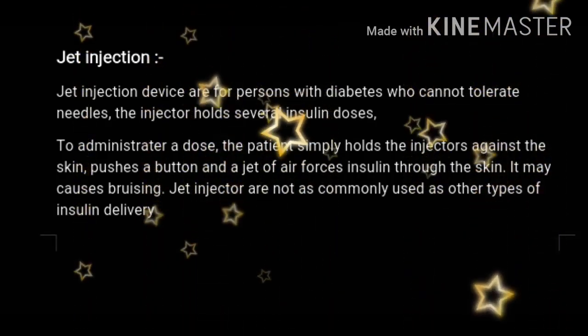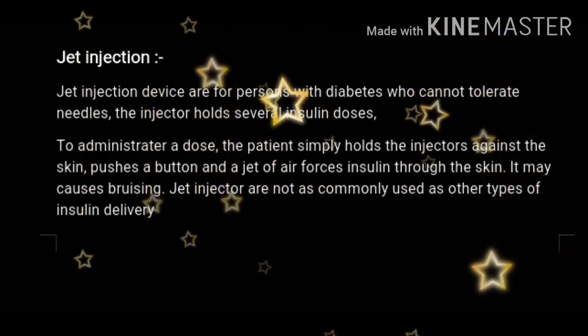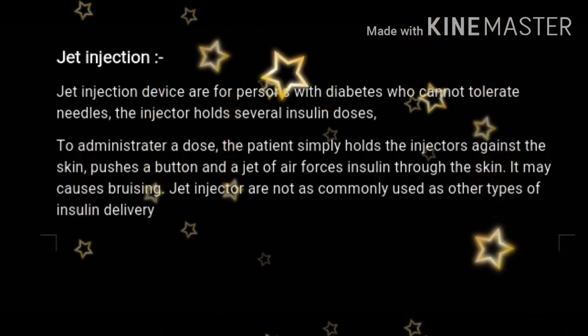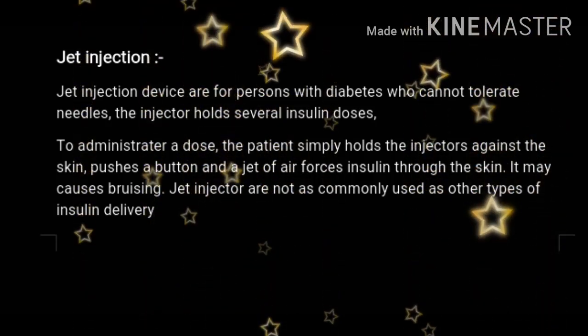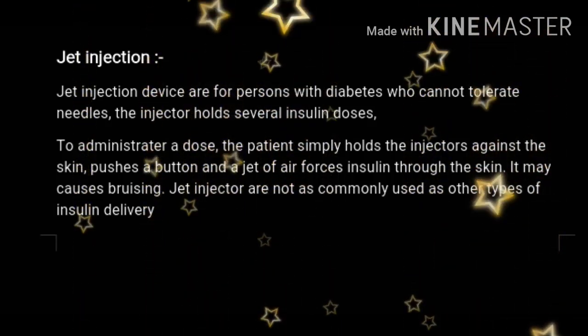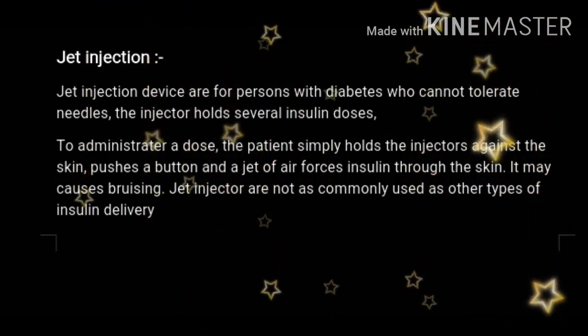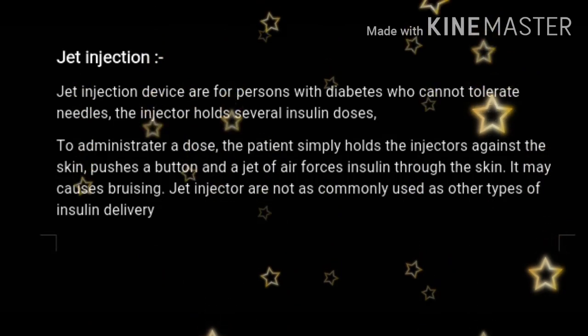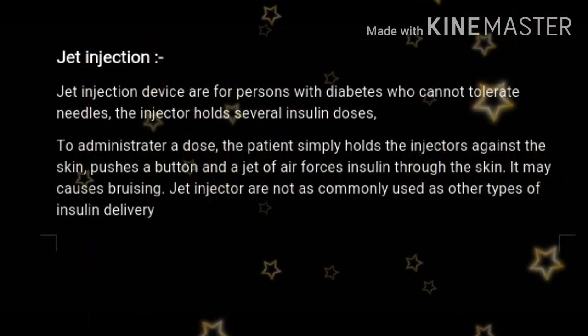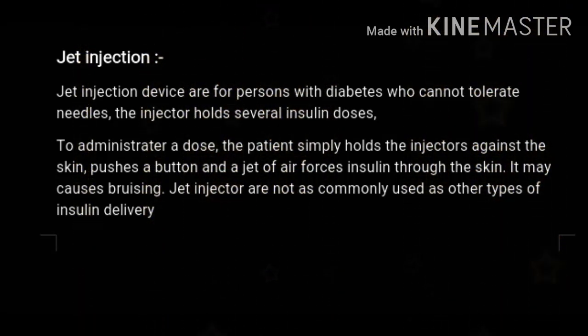It may cause bruising. Jet injectors are not as commonly used as other types of insulin delivery. For people who do not tolerate the needle, jet injection is used for insulin doses.